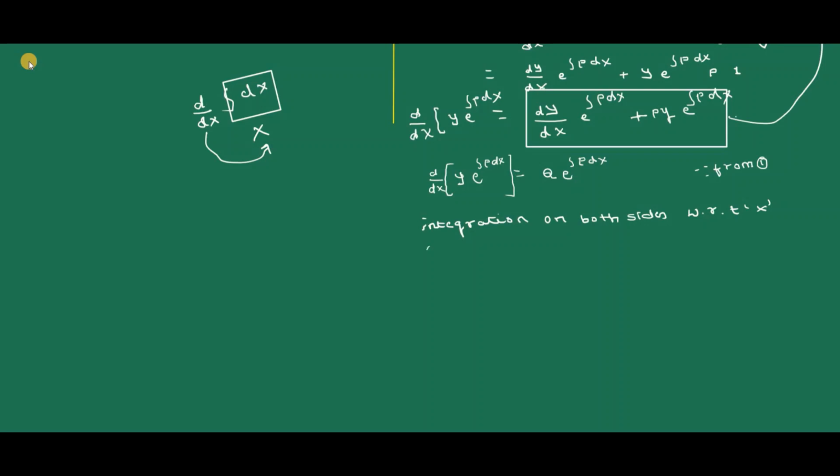What we get is integration of d by dx of y into e raised to integration of p into dx, with respect to x, that is dx, is equal to, on the right hand side also, integration of q into e raised to integration of p into dx, with respect to x, that is dx.